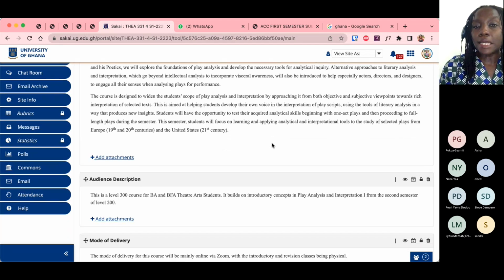This is aimed at helping students develop their own voice in the interpretation of play scripts, using the tools of literary analysis in a way that produces new insights. Students will have the opportunity to test their acquired analytical skills, beginning with one-act plays and then proceeding to full-length plays during the semester.